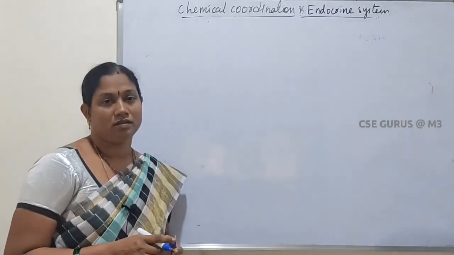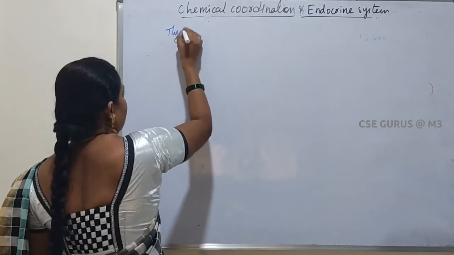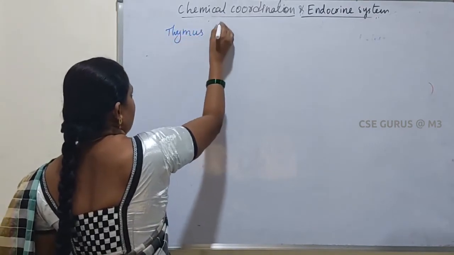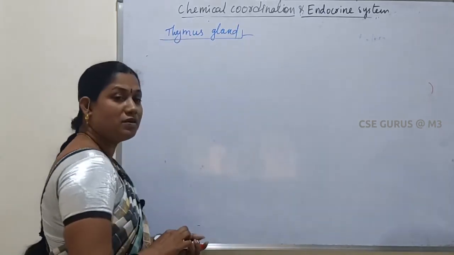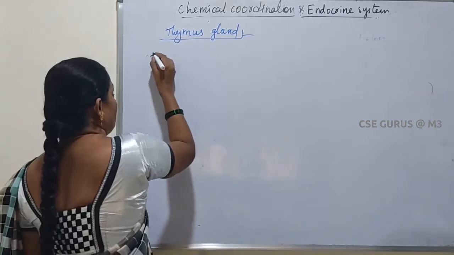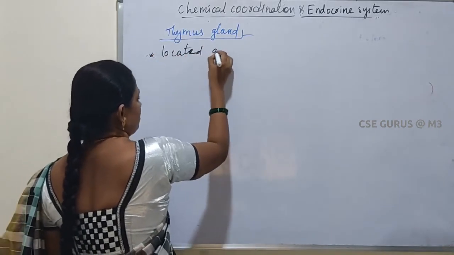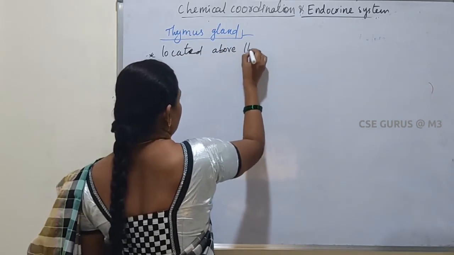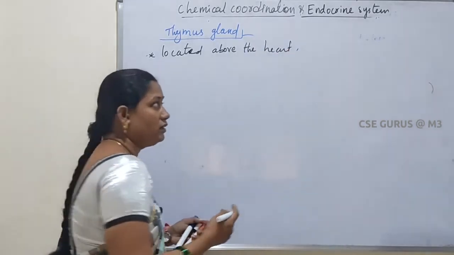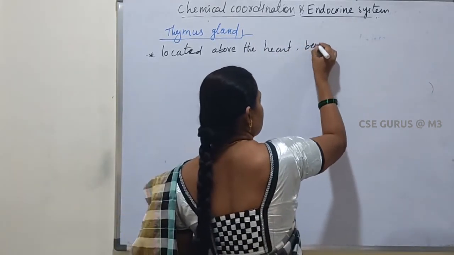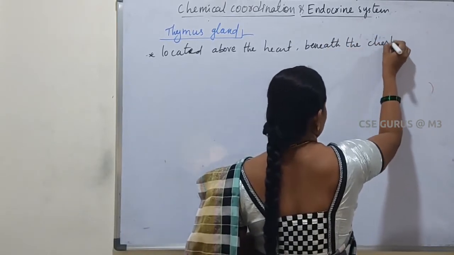Okay, next endocrine gland is thymus gland. The thymus gland is located in the chest region, above the heart or beneath the chest bone.